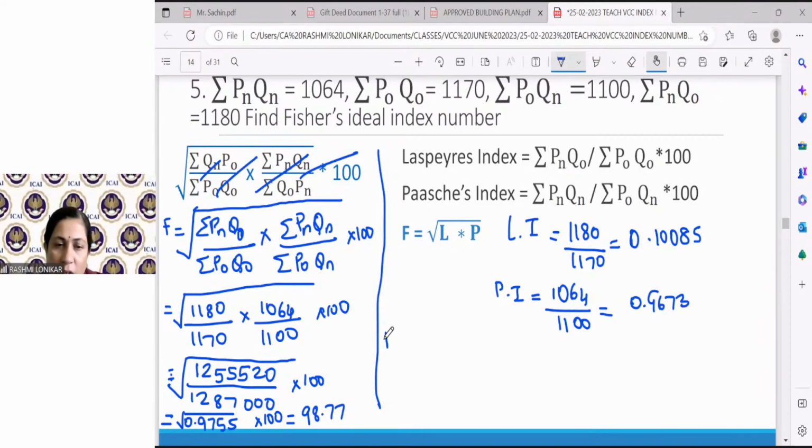Okay, so Fisher will be equal to the square root of 1.0085 into 0.9673.